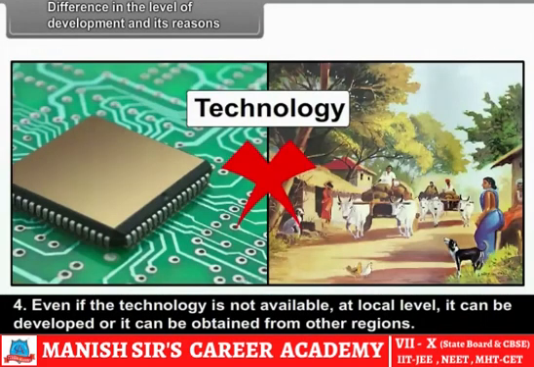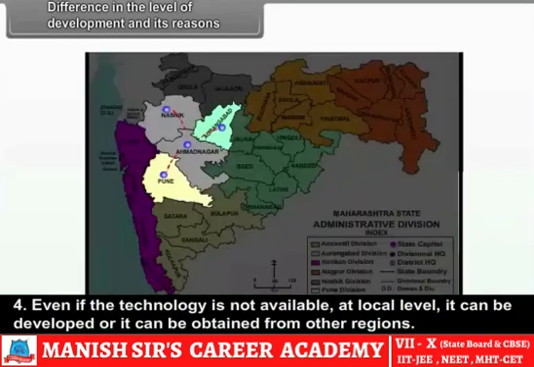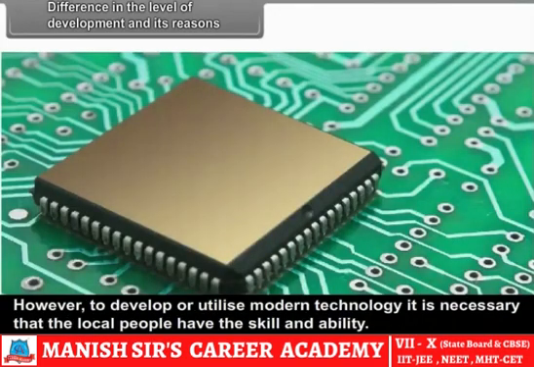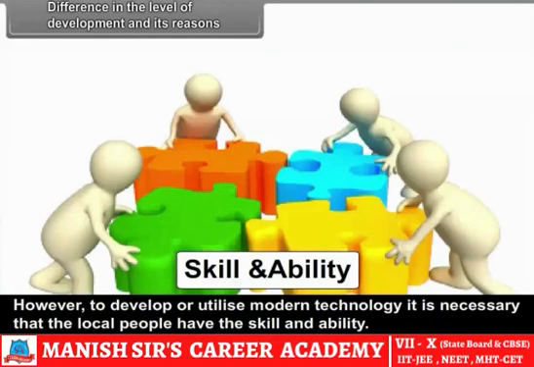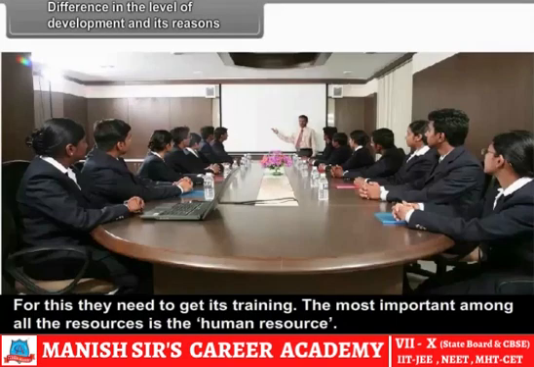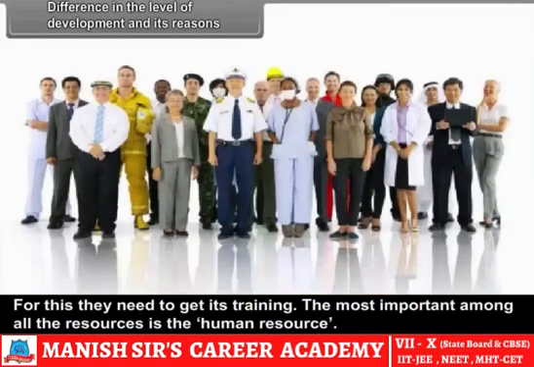Even if the technology is not available, at local level it can be developed or it can be obtained from other regions. However, to develop or utilize modern technology, it is necessary that the local people have the skill and ability. For this, they need to get training.